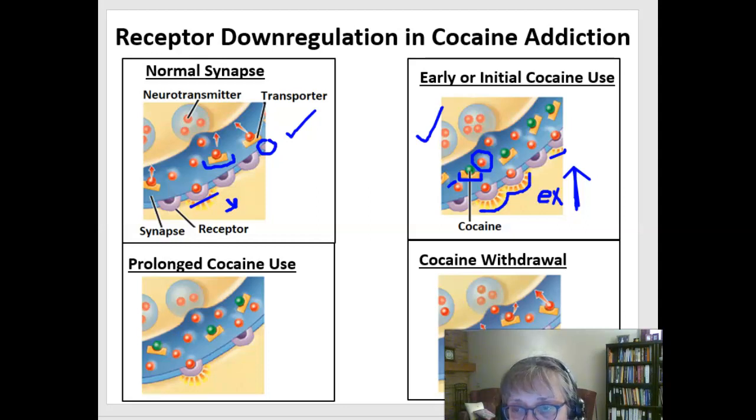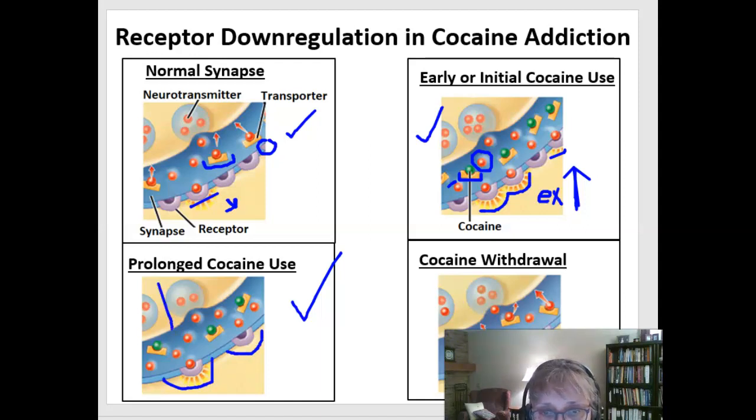If this is in a pleasure pathway and the neuron is excited overly, then you feel great, right? With prolonged cocaine use, I'm going to go down to this third slide, the amount of cocaine somebody needs to feel that good again increases. They sort of become resistant. What happens in this case is that the postsynaptic cell has been so stimulated that it downregulates the number of receptors.